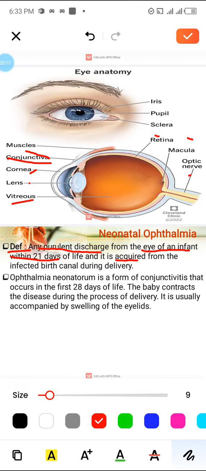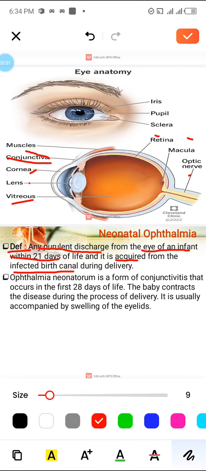It is acquired through an infected birth canal during delivery, through the vagina. The neonate's eyes will sweep through the vagina, which has an infection. We'll discuss the type of infection that you're going to find in the vagina or birth canal. So this infected birth canal is where the neonate gets the infection, because the eyes sweep through the vagina.